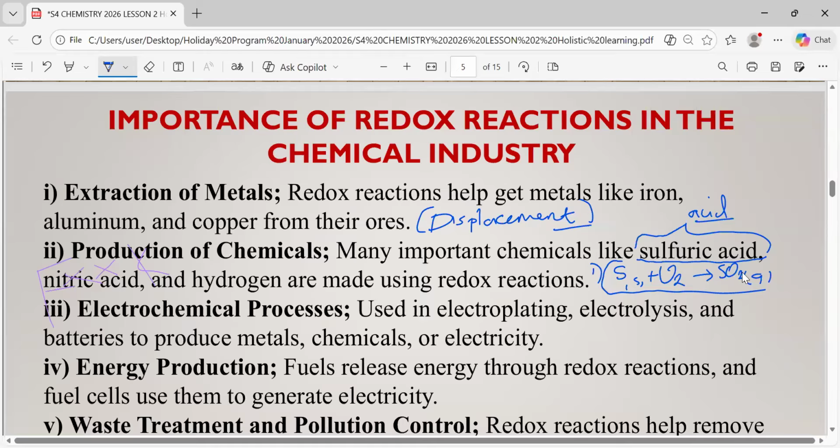That all these chemical reactions that are taking place are redox, and they are helping us in production of useful chemicals like sulfuric acid, like nitric acid, like hydrogen gas. And all this is due to the redox reaction. And we said that redox reaction involves both oxidation and reduction processes. I believe that one is clear.